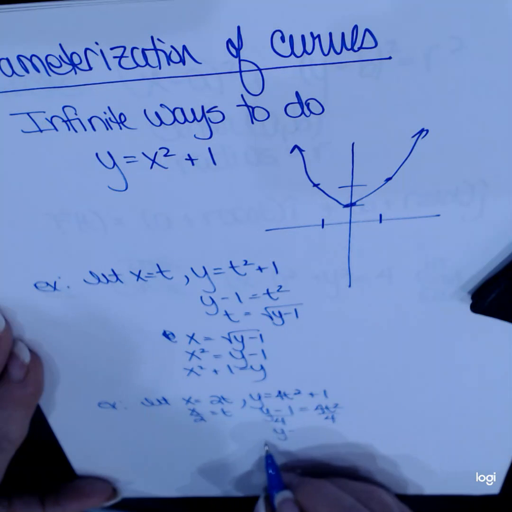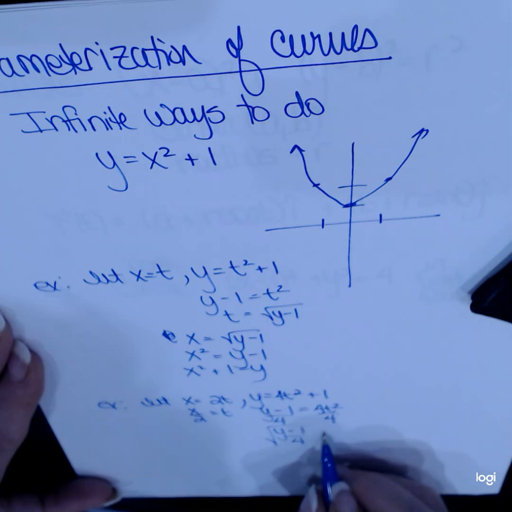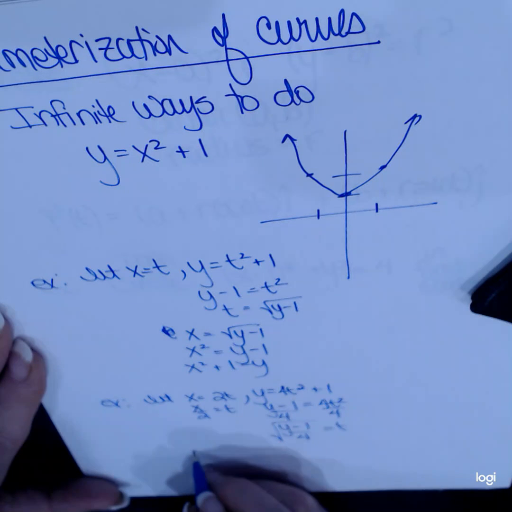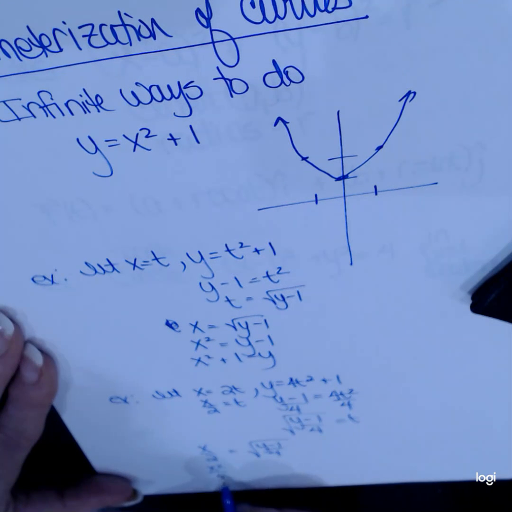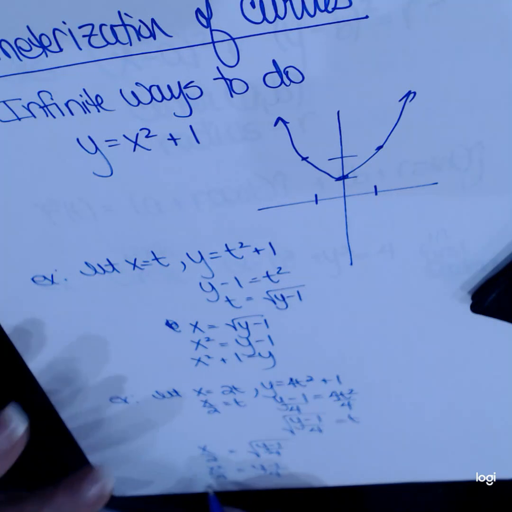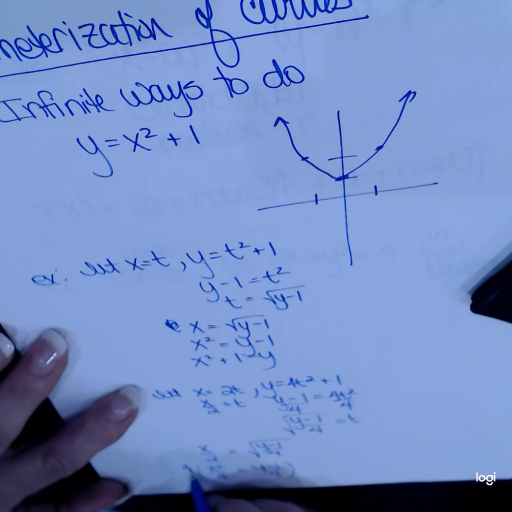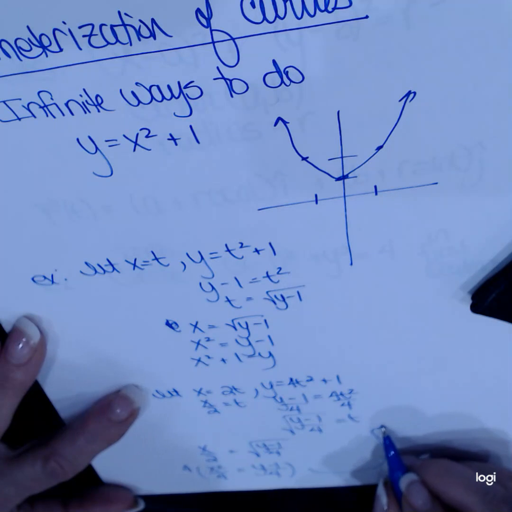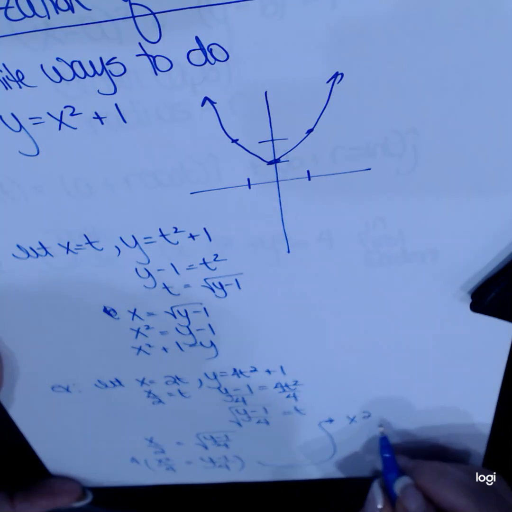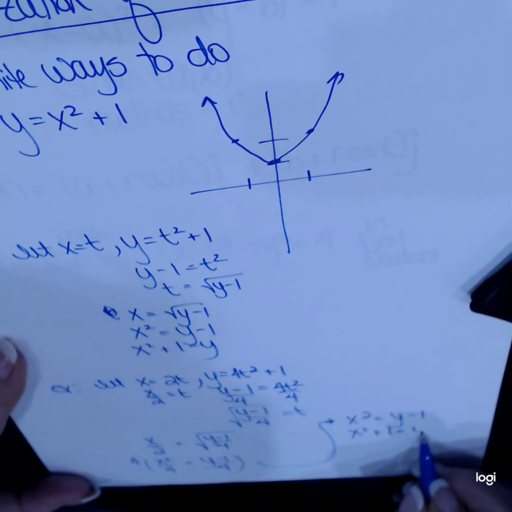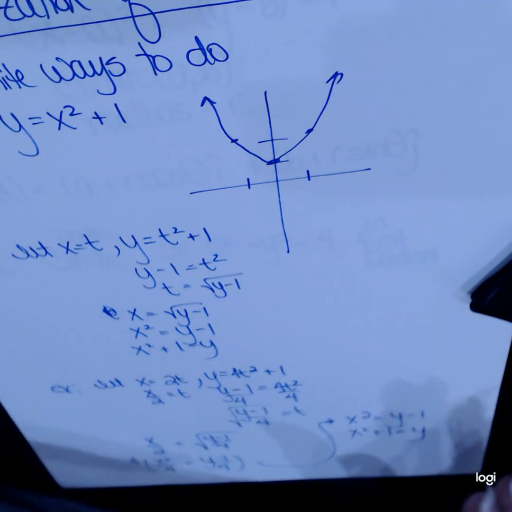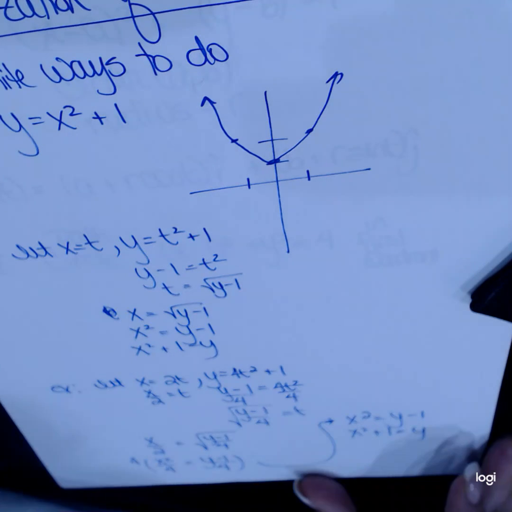So I get the square root of y minus 1 over 4 is equal to t, and then setting them equal, x over 2 is equal to the square root of y minus 1 over 4. Square both sides: x squared over 4 is equal to y minus 1 over 4. Multiply both sides by 4, and I get that x squared is equal to y minus 1. And again, x squared plus 1 is equal to y.